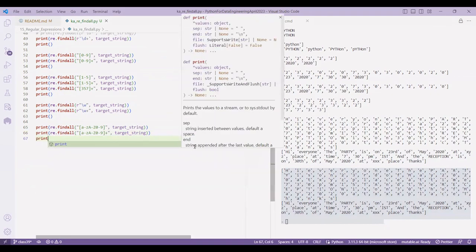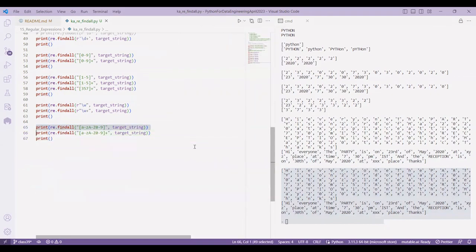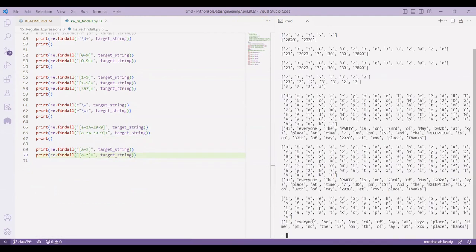In the same fashion, if you want only lower characters, you can specify only lower characters. Wherever there are capital letters, you are not getting them. No exception, nothing.